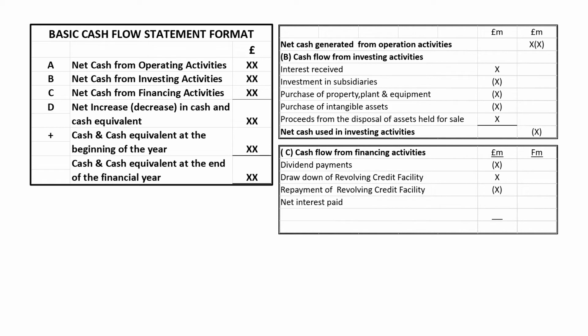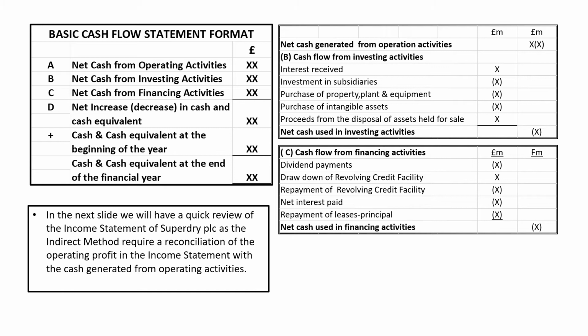The net interest paid could be on bank balances or lease payments, is a cash outflow. And finally, the repayment of lease, the principal amount, the capital amount, and this is a cash outflow. Again, we net it off and we have a net cash used in financing activities, which in all probability would be a cash outflow.